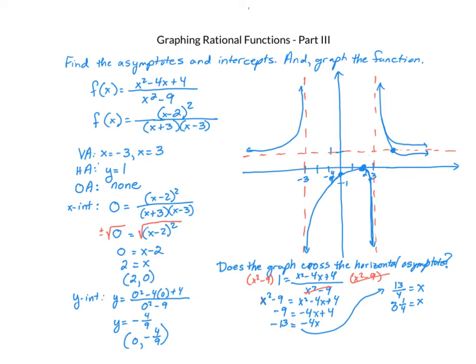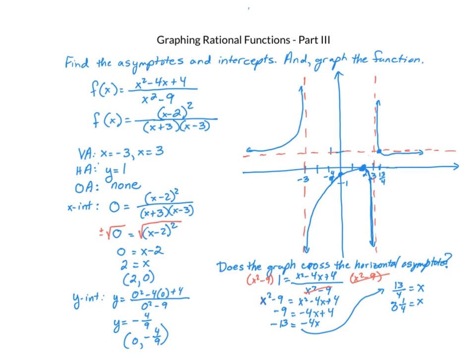So let's put that in right here, and I'm going to erase and make it look a little bit better. Notice we don't have any other x values for which y equals 1. This is the only place that happens. So that means over here on the left, it will not cross the asymptote.